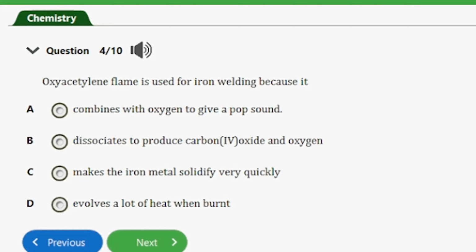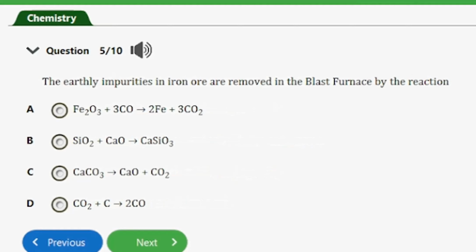Oxy-acetylene flame is used for iron welding because it evolves a lot of heat when burnt. So the high temperature produced by the combustion of acetylene with oxygen, that's acetylene flame, is sufficient to melt iron and other metals, making it ideal for welding purposes. So let's consider the next question.